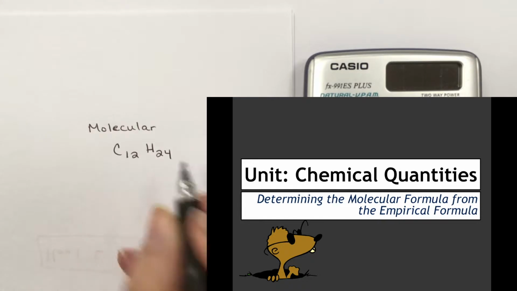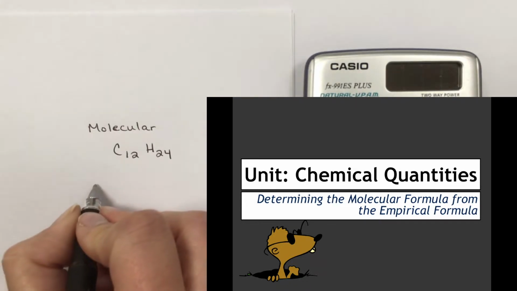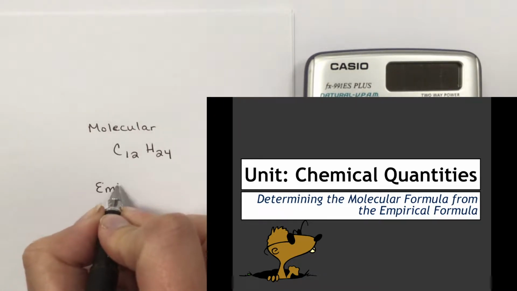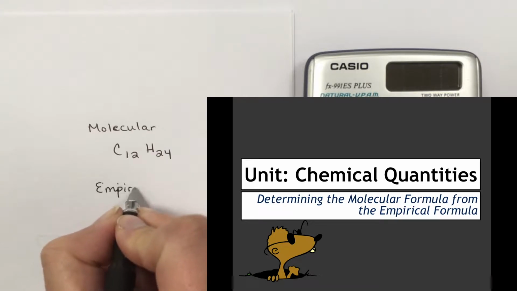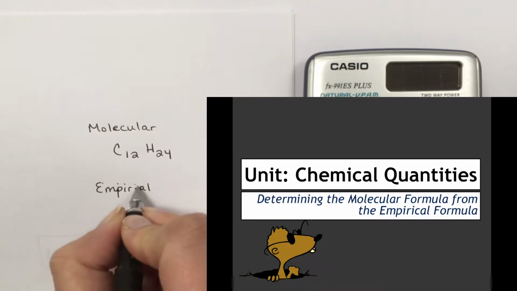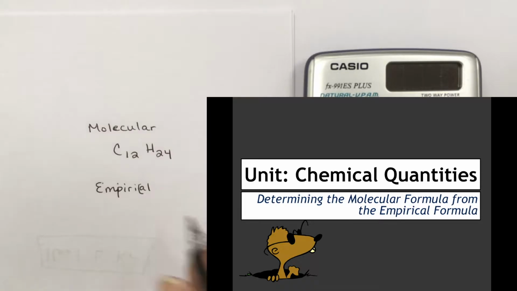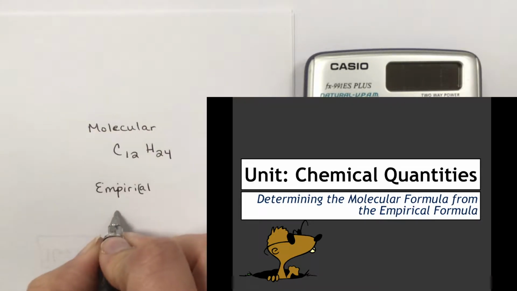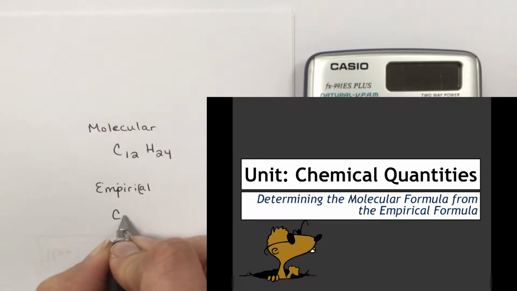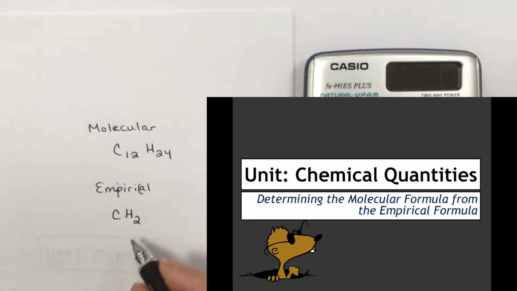But let's say this is the formula, and the empirical formula will be CH2. So it's just basically the molecular formula but reduced.